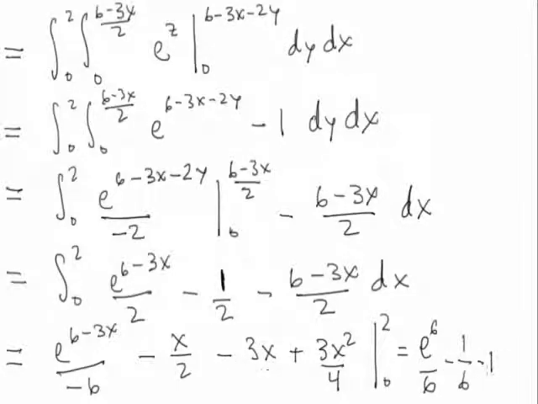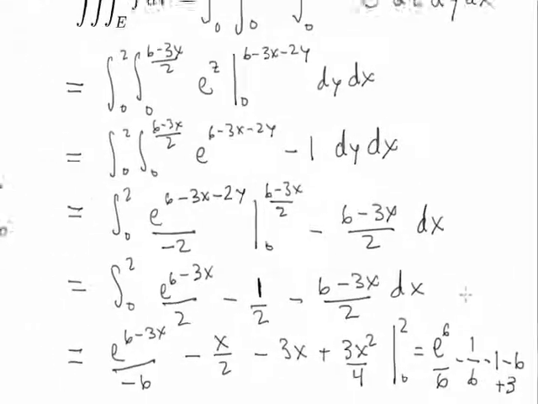This gives me a minus 6. And this last term here, when I plug in x equals 2, I get 4 over 4 times 3 is 3. So I get a plus 3. And then I get 0 when I plug in x equals 0. Alright, so in the end, I got e to the 6 minus 1 over 6. And then minus 7 plus 3 is minus 4.